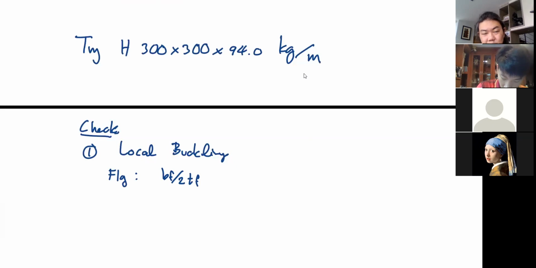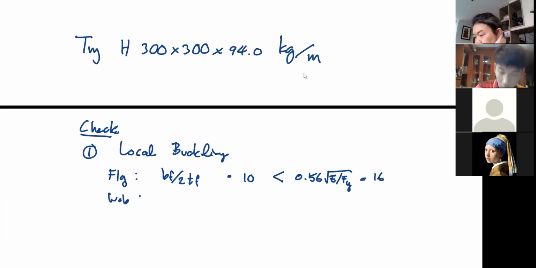So I'm just gonna go over it quickly, okay? Because the section turns out to be the same, and now you know it's 10, and it is less than 0.56 square root E over Fy, which is 16. The web is H over TW.